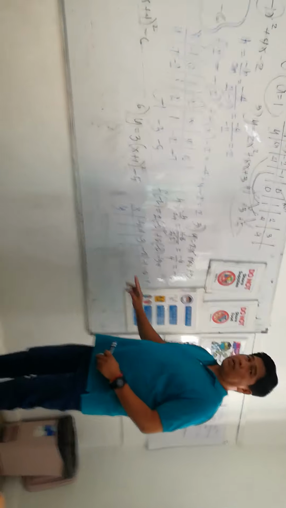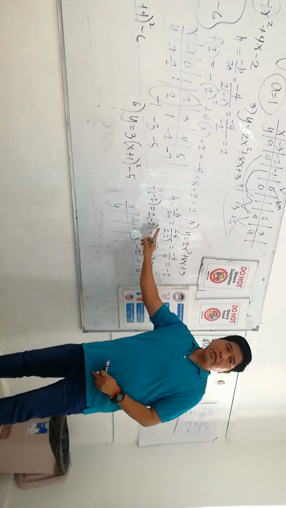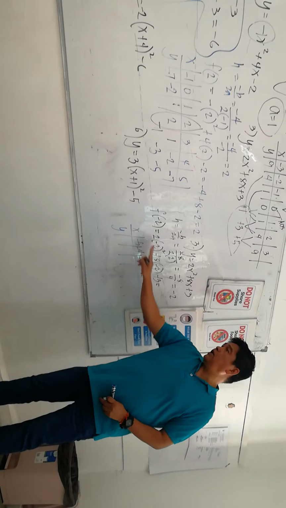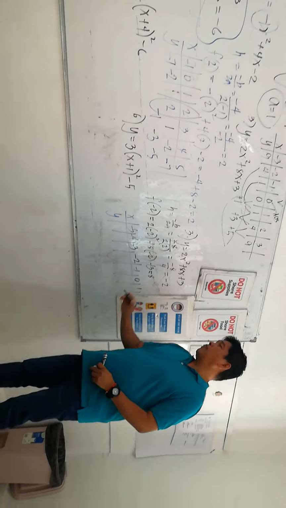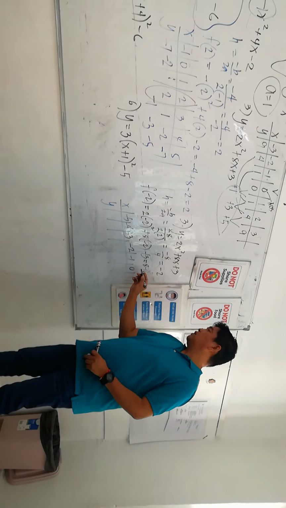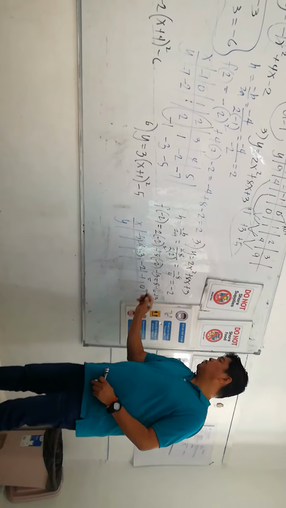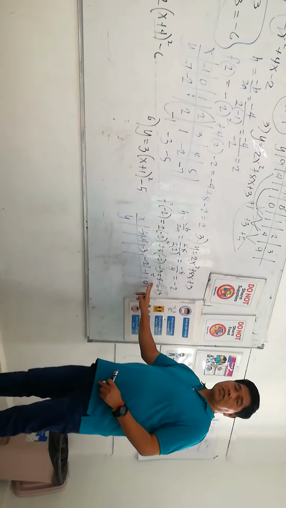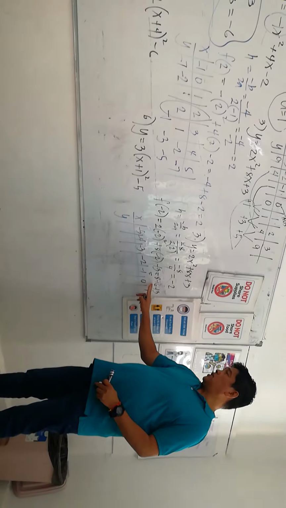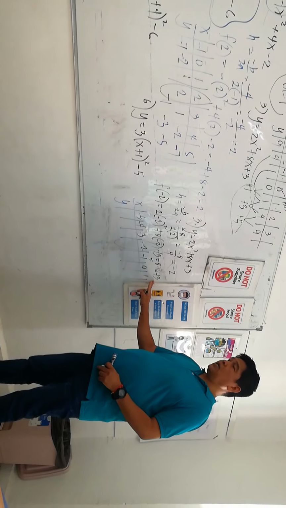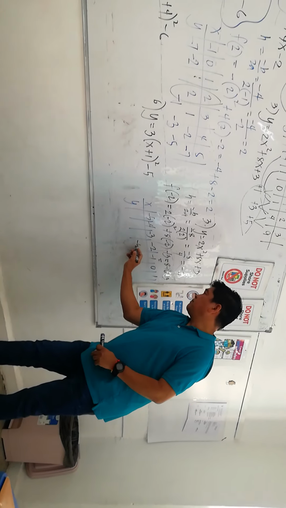So that is now equal to negative 2 squared is 4 times 2, 8. So 8 minus 16, then plus 3. So what is now the value? 8 minus 16 plus 3. So this is negative 8 plus 3, negative 5.